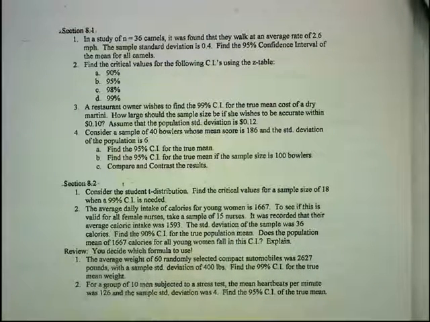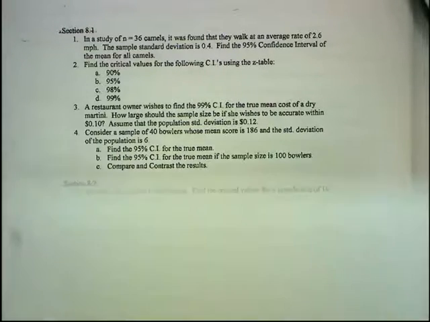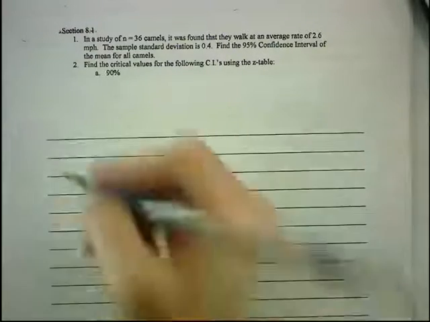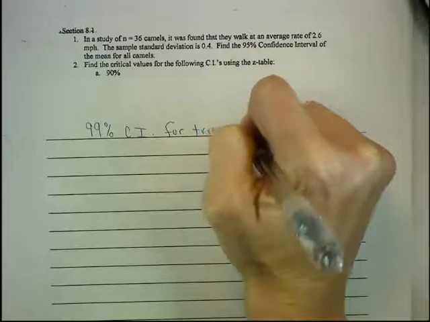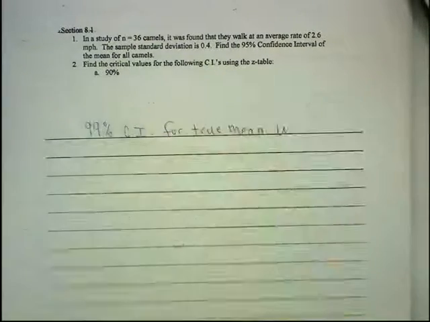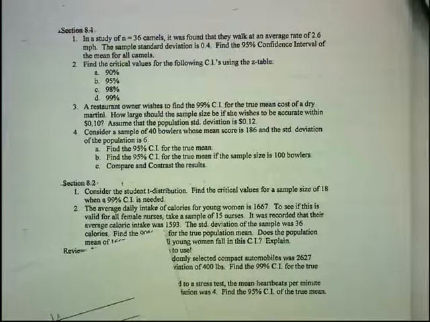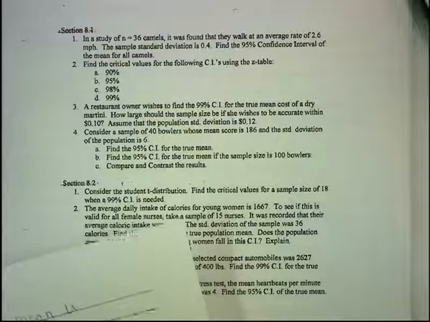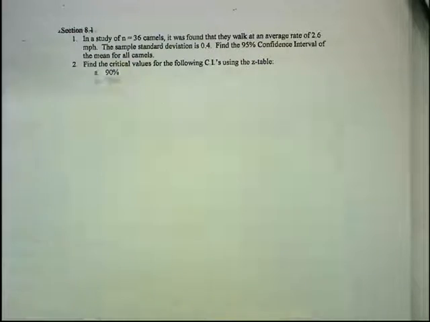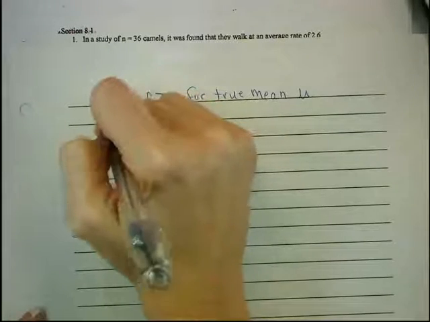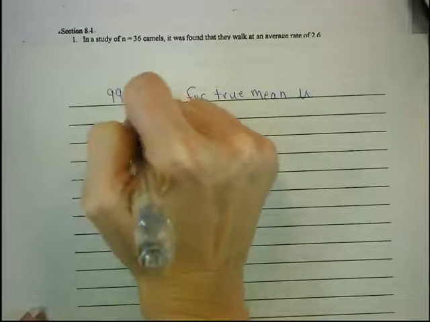So again, we're going to write down what's given and what they want us to find. So first thing that's given is it's a 99% confidence interval for the true mean. And that's mu. How large a sample size should she choose to be accurate within 10 cents? Accurate within 10 cents.